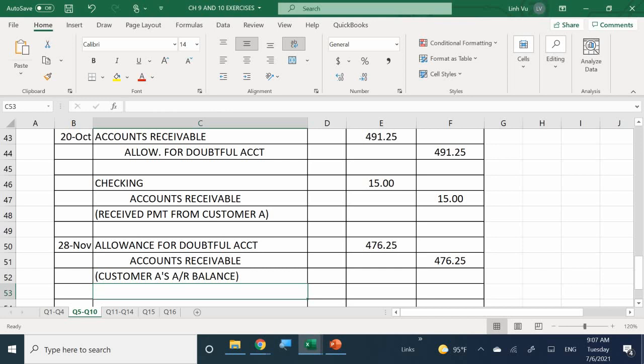Once again, I'm not going to go super into detail for that just because that's not what we're focusing on. We're focused on what happens when you see potential bad debt. What do you do with it, okay? So once again, this amount right here includes the sales tax that you never collected.